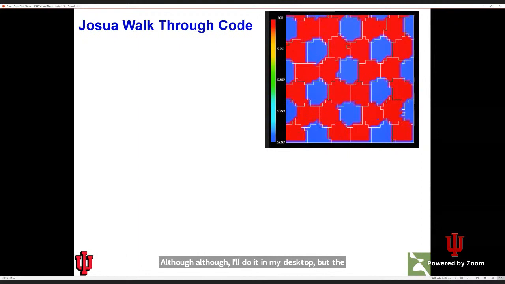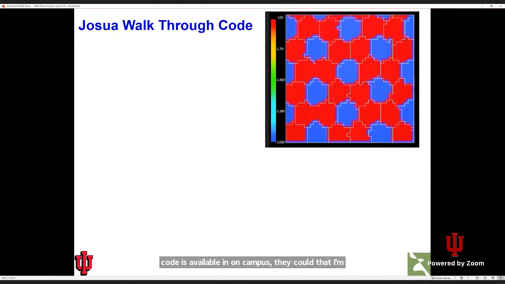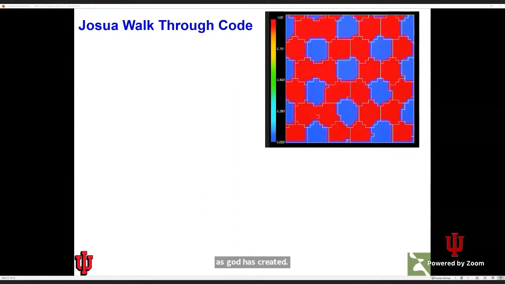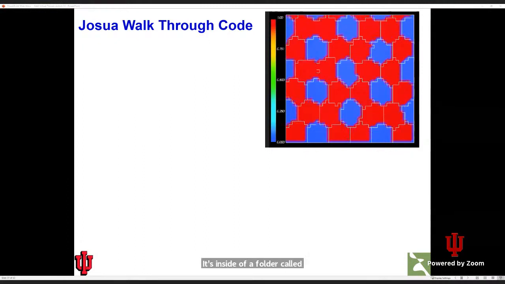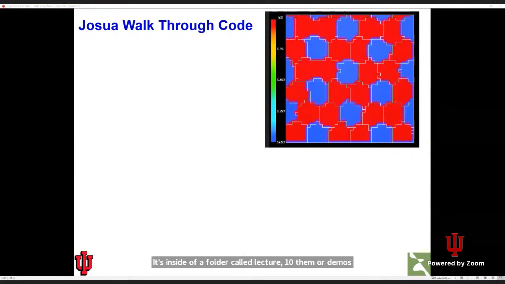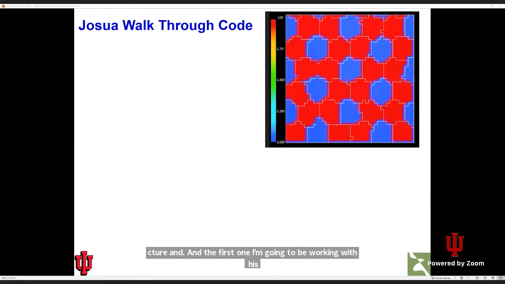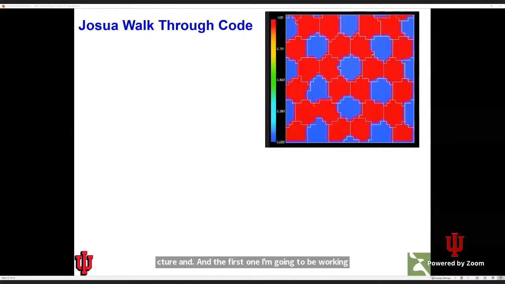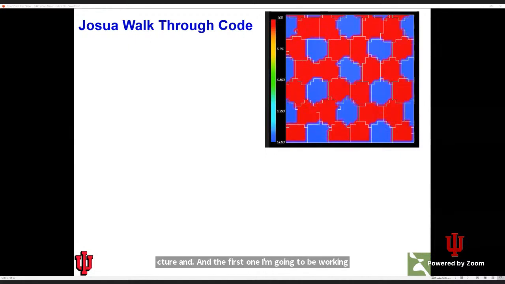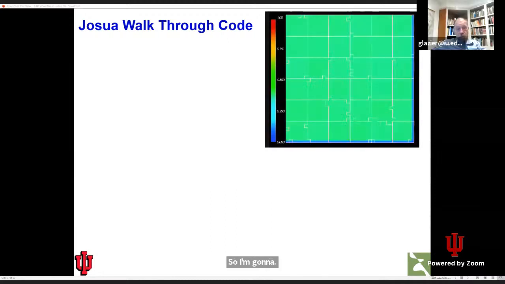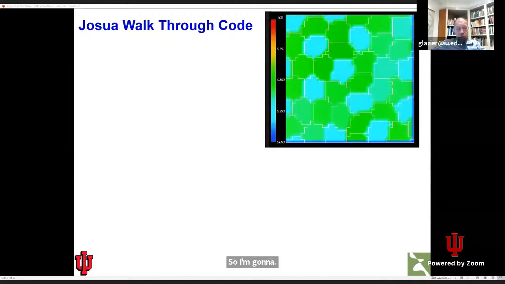It's inside a folder called Lecture 10 Demos. And the first one I'm going to be working with is the plain Delta Notch simulation. If anybody has trouble finding it, please speak up.